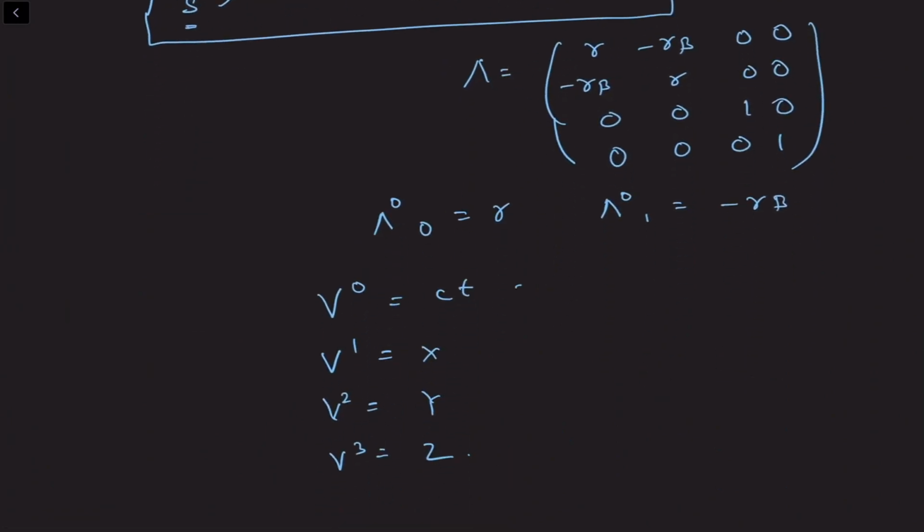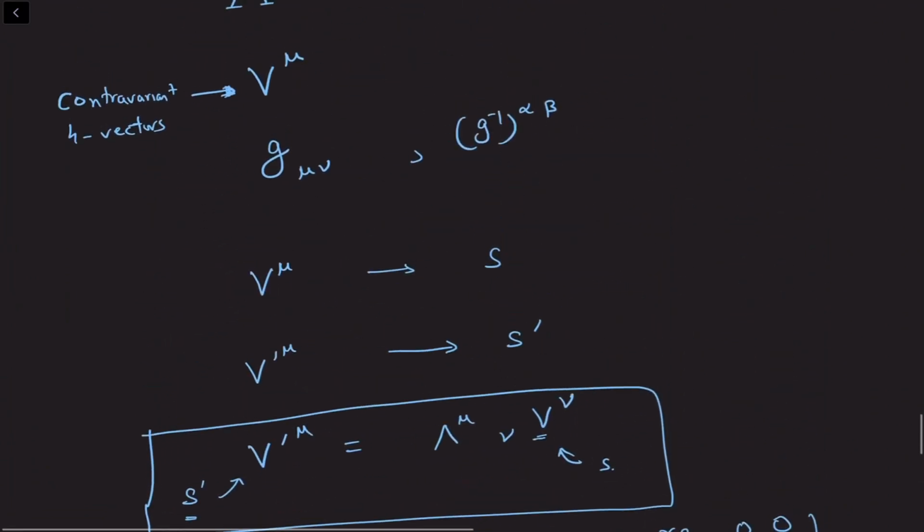Now, any collection of four numbers obviously does not form a four vector, but I could imagine taking other combinations of these four quantities. And since I know how v0, v1, v2, v3 transform, I would also know how those other combinations transform. So let me construct something here.